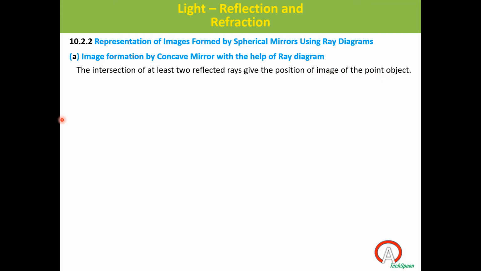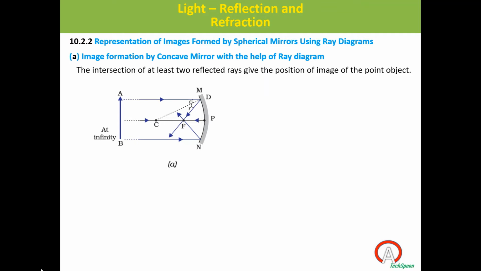So from the 4 different ray diagrams you studied, you have to use at least 2 ray diagrams and their reflected rays to find out the image of a concave mirror. Write that down.